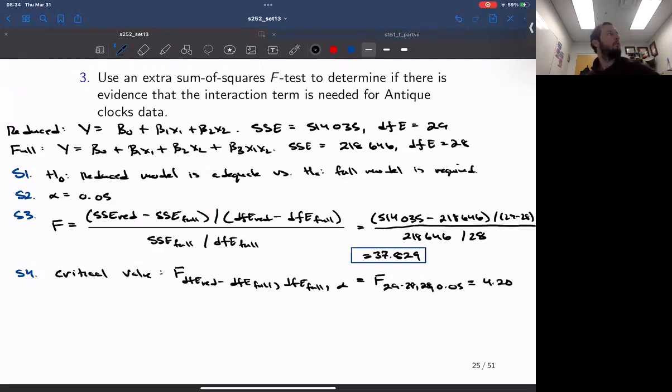Make sure all that stuff. Cool. So that gives us our critical value, and then the p-value.